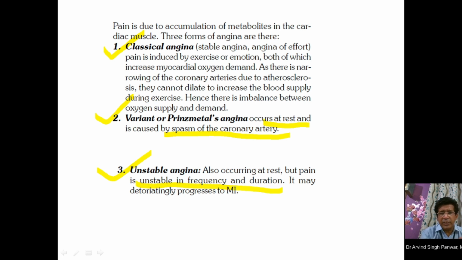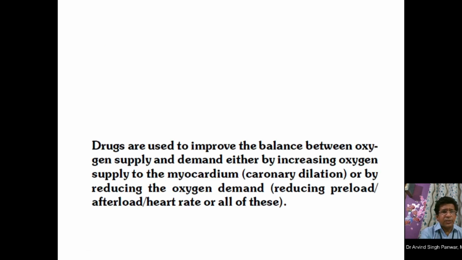This is the worst type of angina, which progressively deteriorates to myocardial infarction. So, drugs are used to improve the balance between oxygen supply and demand, either by increasing oxygen supply to the myocardium, meaning coronary dilatation, or by reducing the oxygen demand, which means reducing preload, afterload, or heart rate, or all of these.